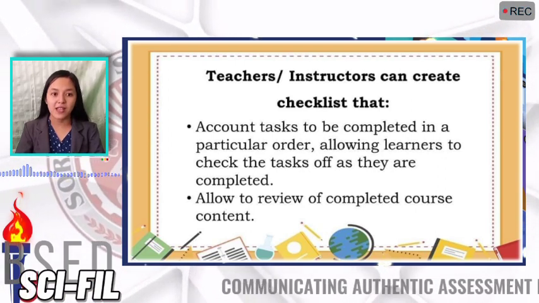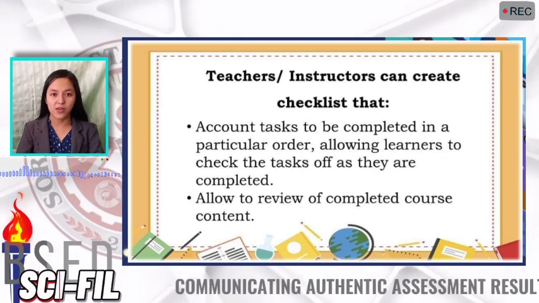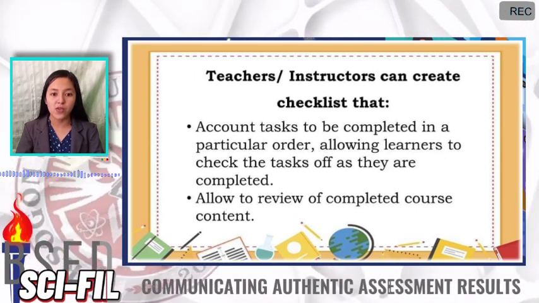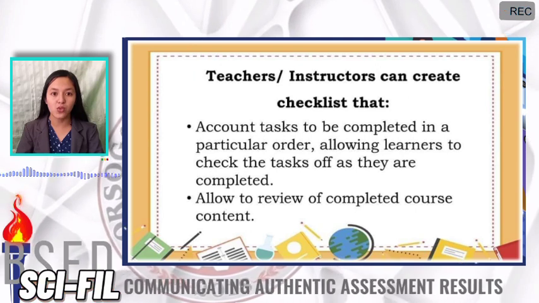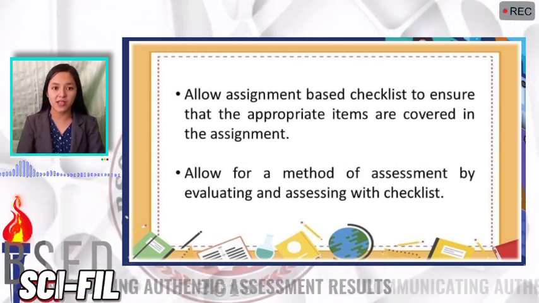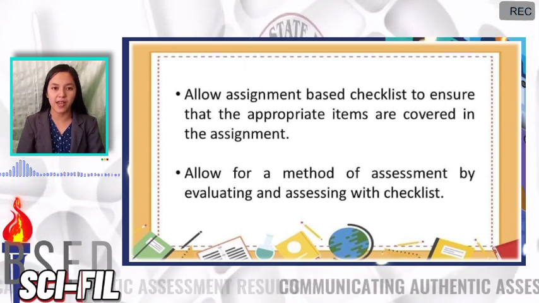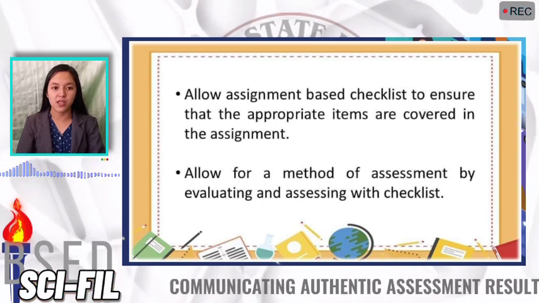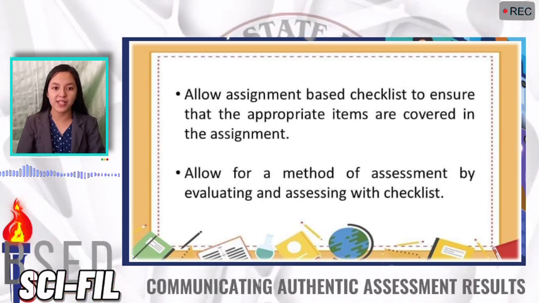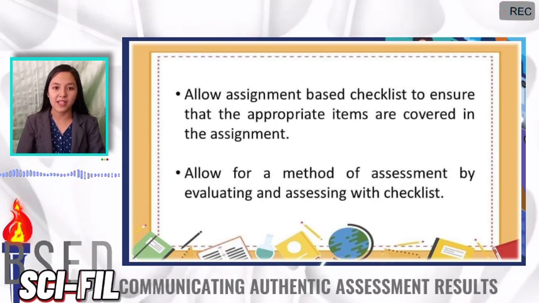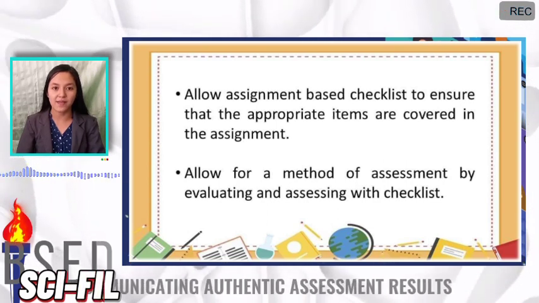A checklist can also allow the review of completed course content, for example, to review if students completed Module 1, 2, or 3 readings. Assignment-based checklists ensure that the appropriate items are covered in the assignment. For example, if students use a minimum number of resources, use appropriate citation format, included a works cited section, and so on.